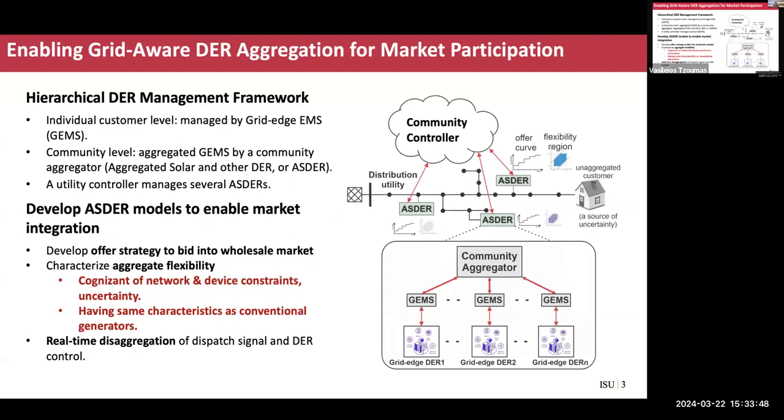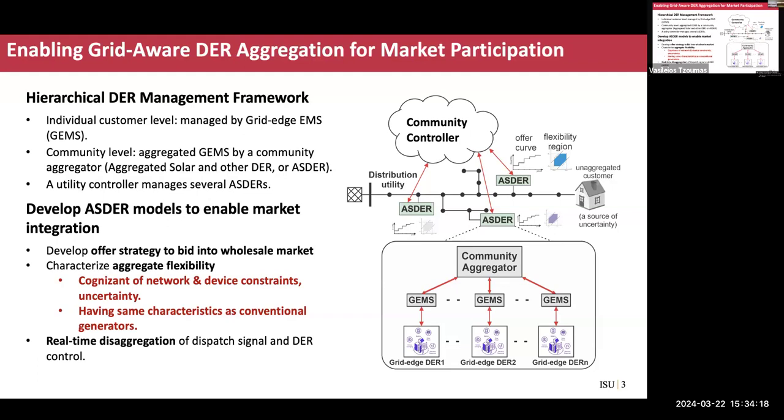The overarching structure of the problem I'm thinking about is a hierarchical DER management system. As we can see from this figure on the right, we have a feeder. At the very bottom level, where we have the individual customers, we have this whole management system or demand response programs, where we have controllers that control each individual house.